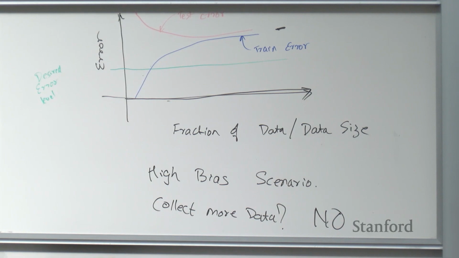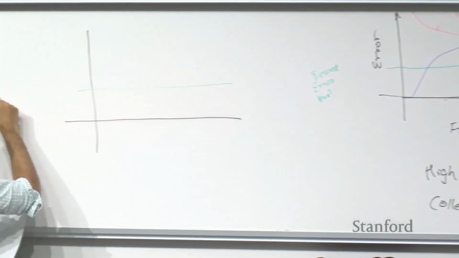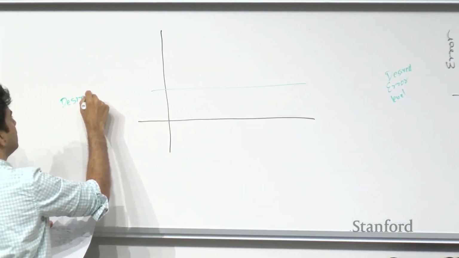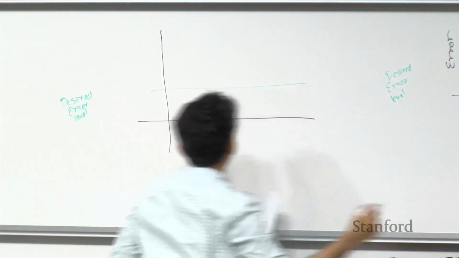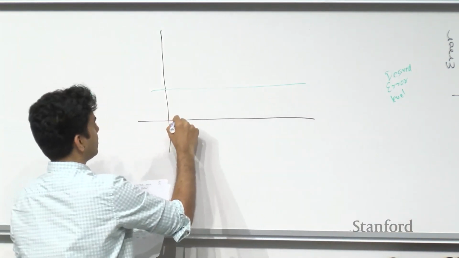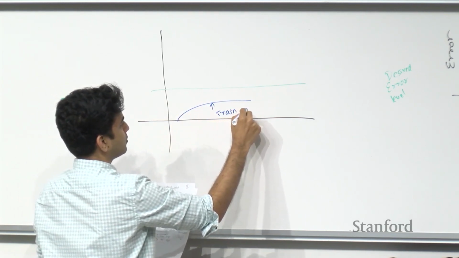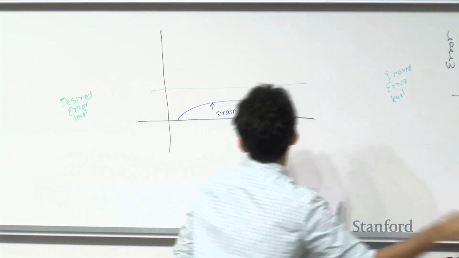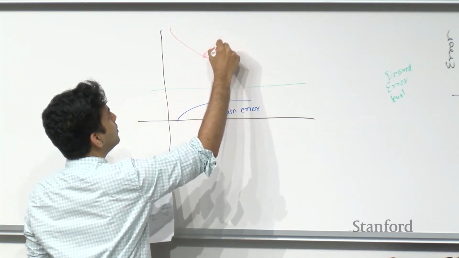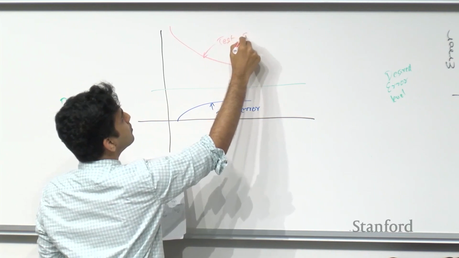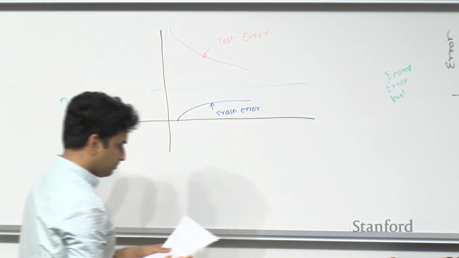in situations like this, where this is your desired error level, and your training error, that's your training error, and let's see, I'm loosely calling this test error, but think of this as your train dev set or a dev set error.